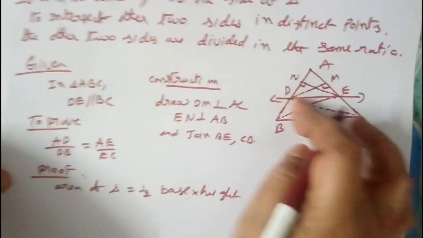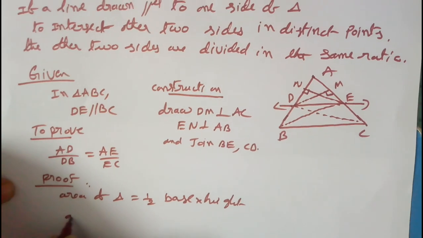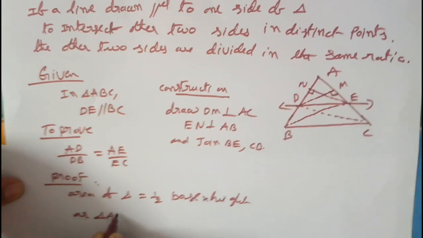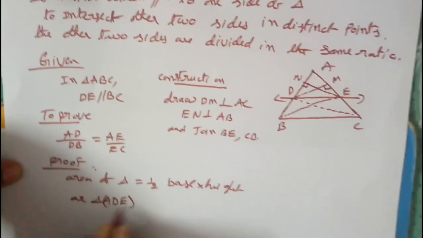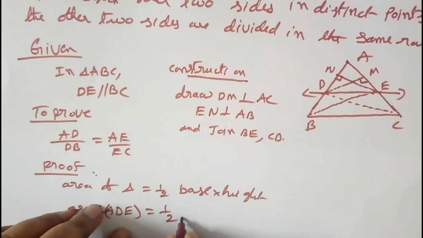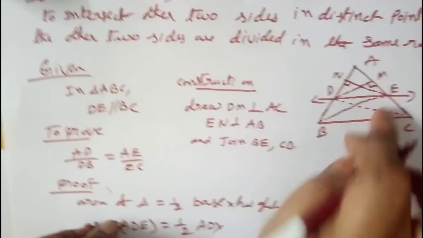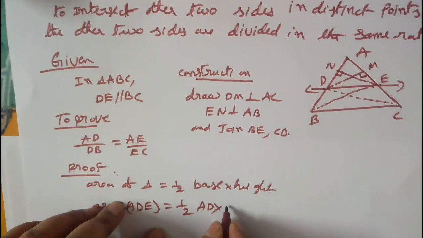So what is the area of triangle ADE? If you take AD as the base, area of triangle ADE is equal to half AD. If you take AD as the base, what is the height? NE is the height.